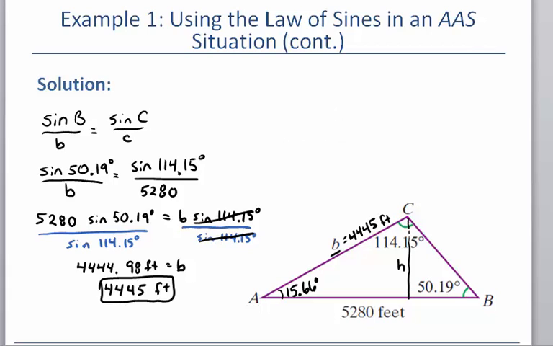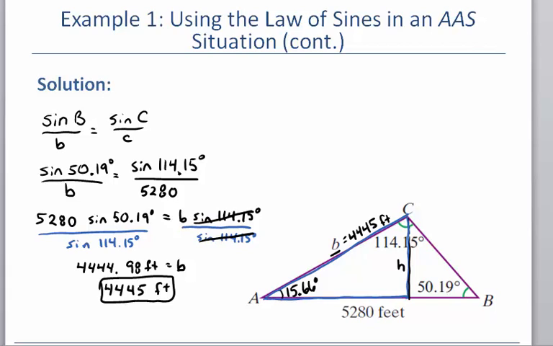Okay, so how would we do this? Well, to do this, we're really going to look at this as being a right triangle problem. So I'm specifically going to look at this triangle right here, which is a right triangle. And remember that if we're dealing with a right triangle, then we can pull in one of our trig functions and our SOHCAHTOA definitions.